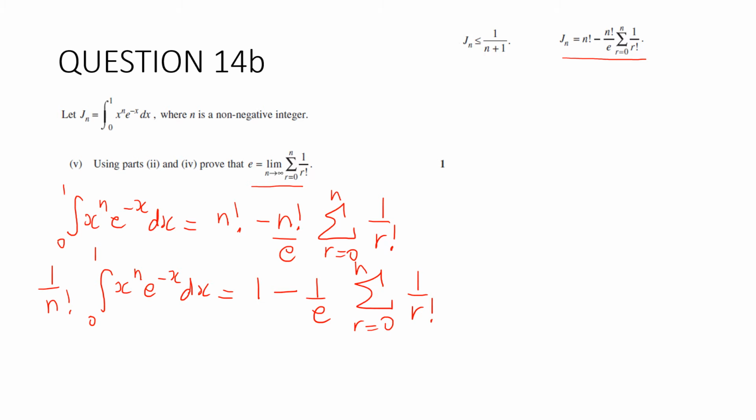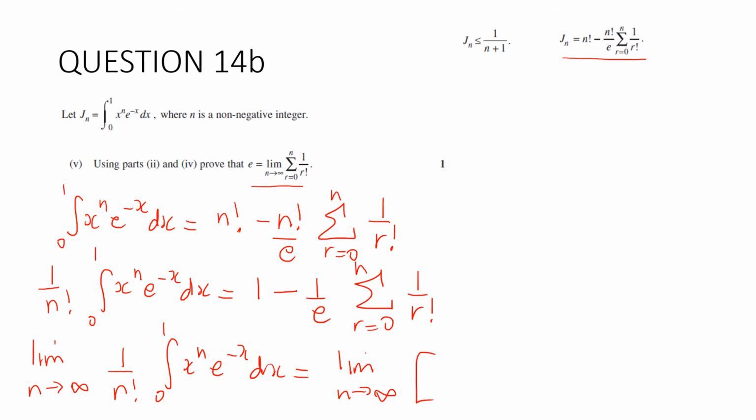And I'm going to take the limits of both sides. So the limit as n approaches infinity of 1 over n! times the integral between 0 and 1 of x^n e^(-x) dx is equal to the limit as n approaches infinity of 1 minus 1/e summation of r=0 up to n of 1/r!.